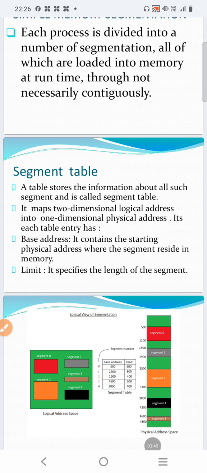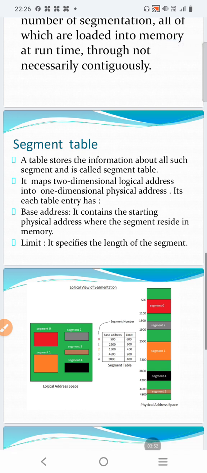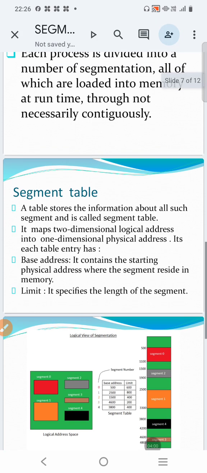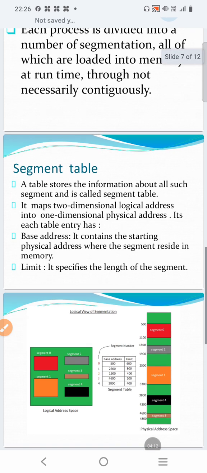The deposit function may occupy, let us assume, 10 pages of the process, the withdraw function 15 pages, and the cancel function 20 pages. So a single function occurs across many pages, and the same function is repeated in main memory locations. To overcome this problem, we go for segmentation.